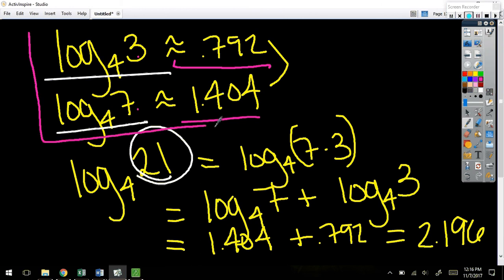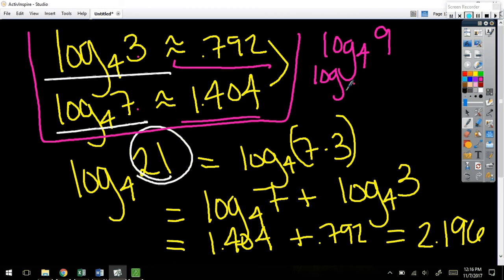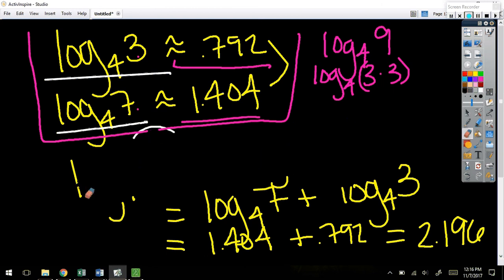What if I gave you this and I asked you what is log base 4 of 9? You only take 3 and you multiply. So that's the same thing as log base 4 of 3 times 3. Right? And now I can split those 2 up.